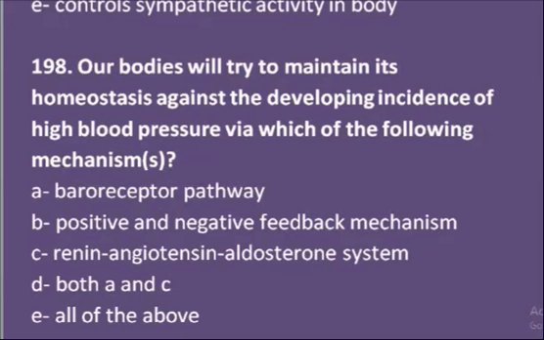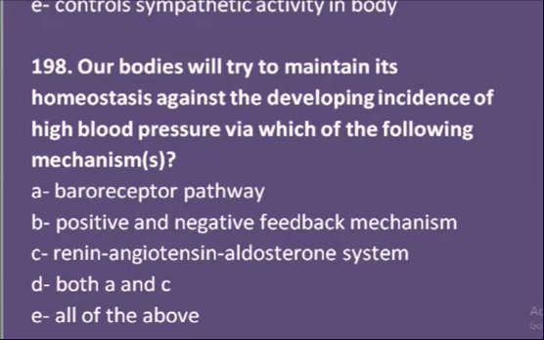So baroreceptor pathway is there. At this point the elevation in blood pressure is sensed, and then it is sent to the central control system of our body, that is the brain, and especially the hypothalamus region, from where many of the functions are controlled and regulated.